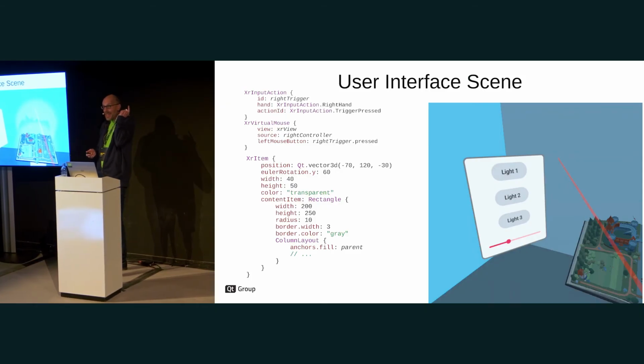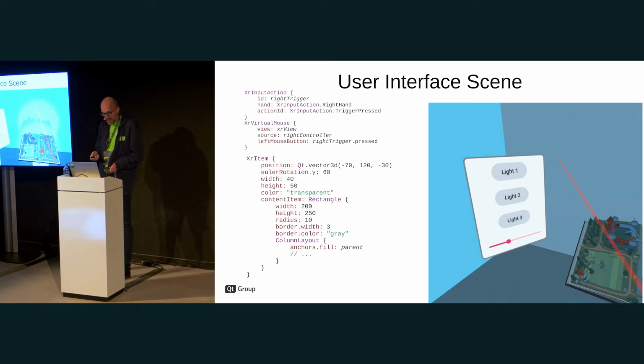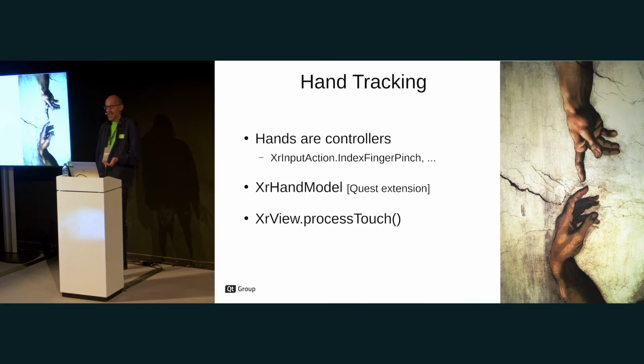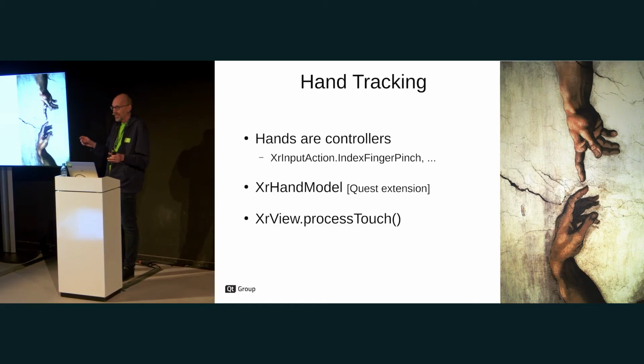So that is controllers. Modern VR headsets allow you to track hands. So the easiest way to use hand tracking is to do almost nothing different, because hands are represented as controllers.